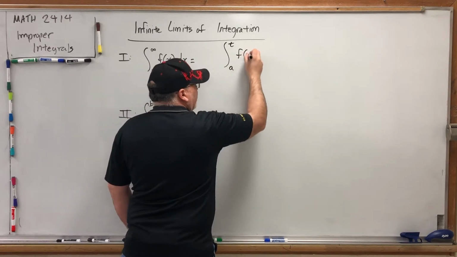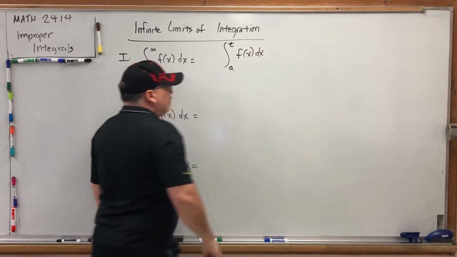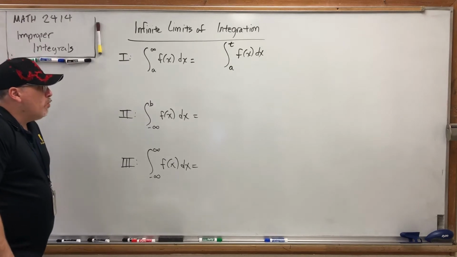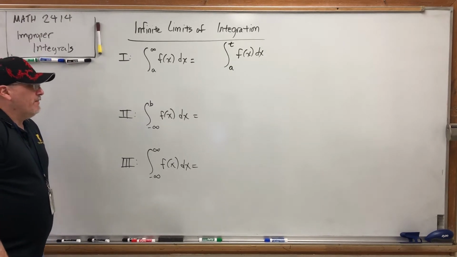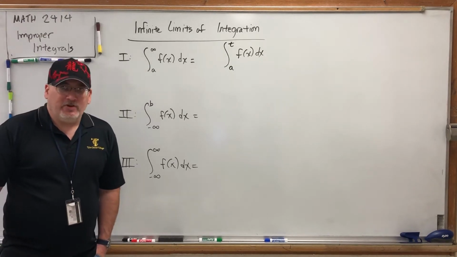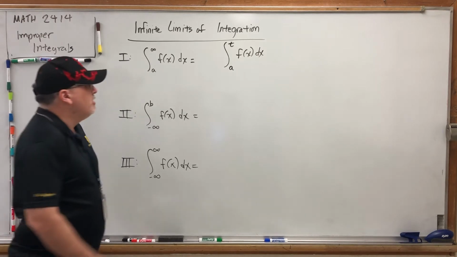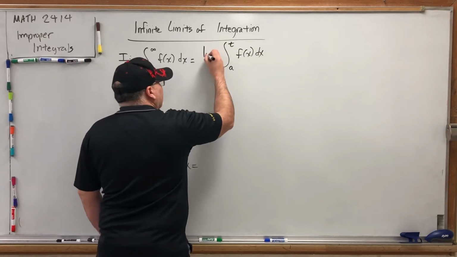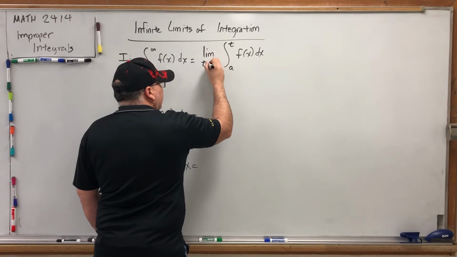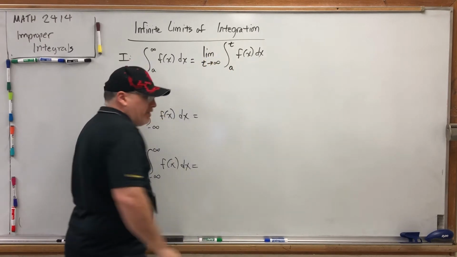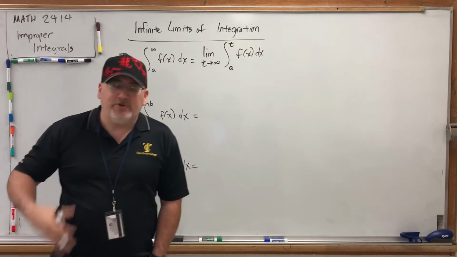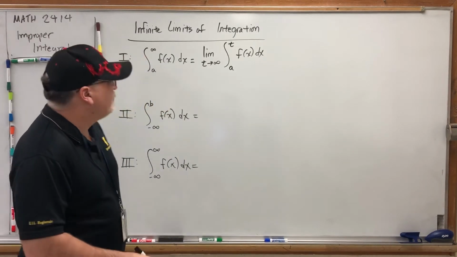And so we're integrating from a to t of f of x dx. We figure out what that integral looks like if it had some constant upper limit of integration, and then we take the limit as t approaches infinity. And if you're starting to worry about, oh no, I haven't done limits in a while, don't worry, I'm going to review them.